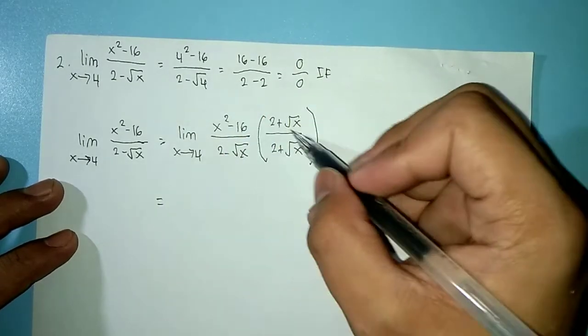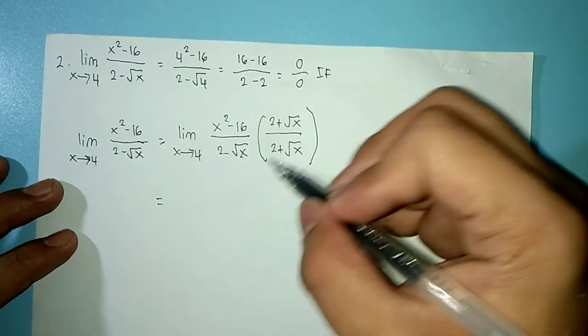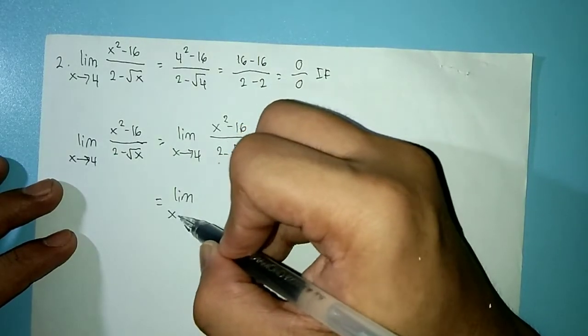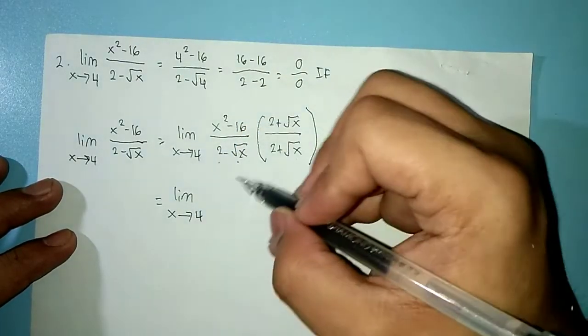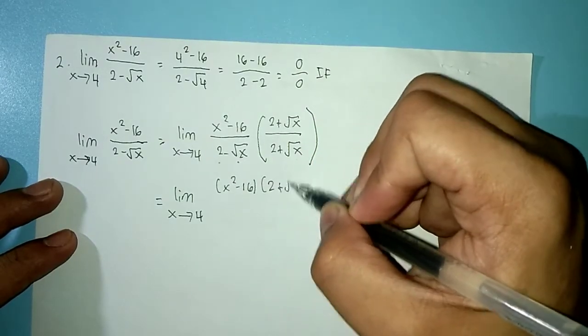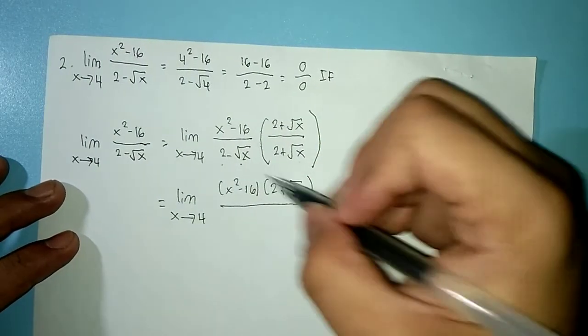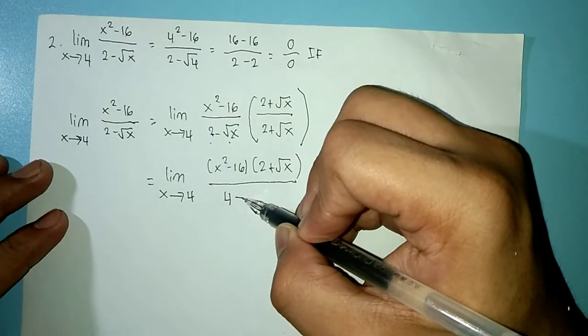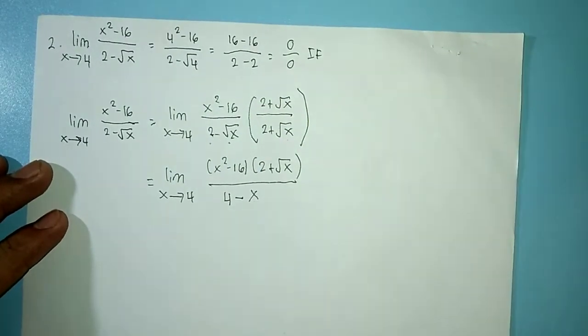Okay? So, simplify natin. So ito, a minus b, a plus b lang din to. Magiging limit as x approaches 4 ng x squared minus 16, 2 plus square root of x over, square natin yung una, 4 minus x, mawawala na yung radical.